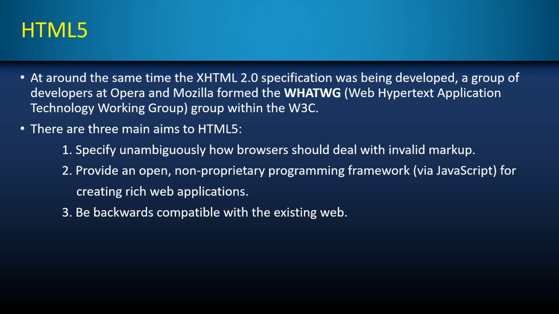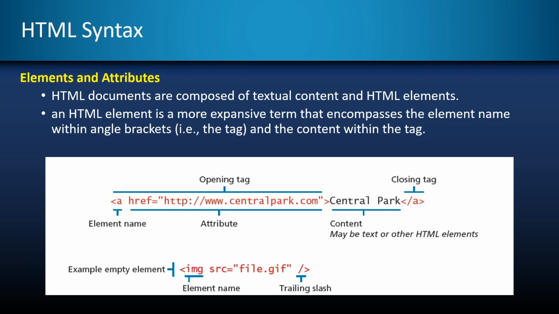Nowadays, all browsers support HTML5. The differences between HTML and HTML5 we will study in upcoming slides. First we'll see HTML syntax. HTML syntax contains two main elements: elements and attributes.